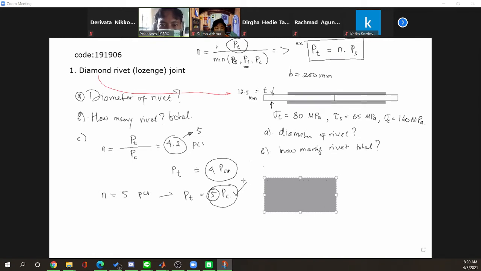So here we have, if we use 5 rivets, it means we have 5 rivets for the left side and 5 rivets for the right side. So we can arrange like this.